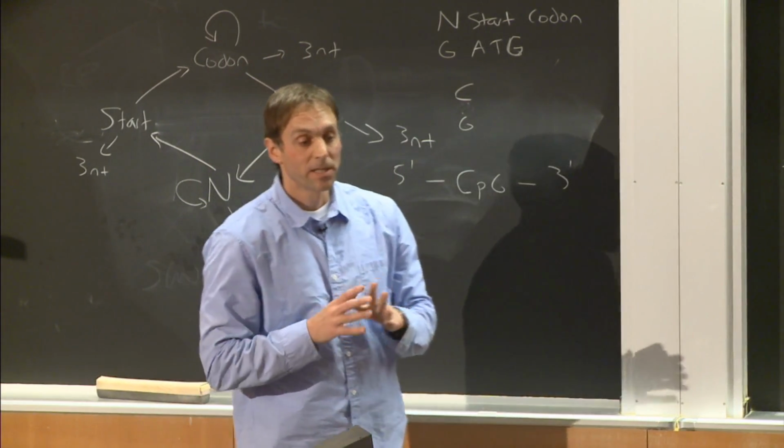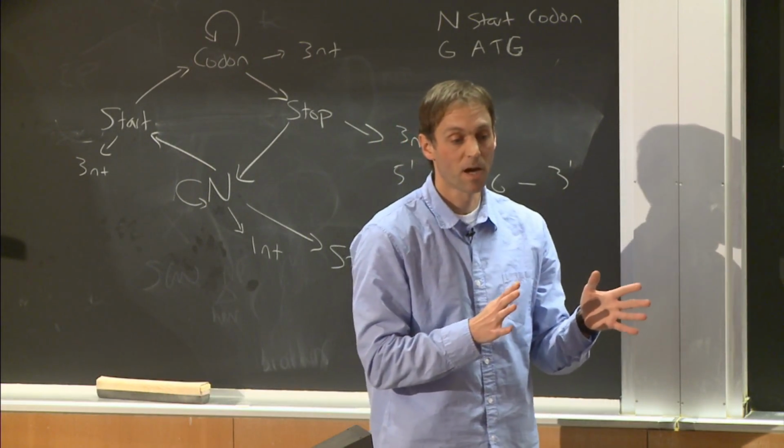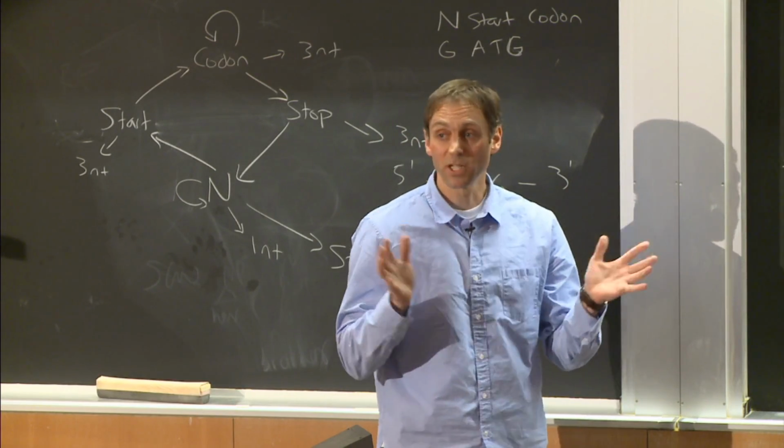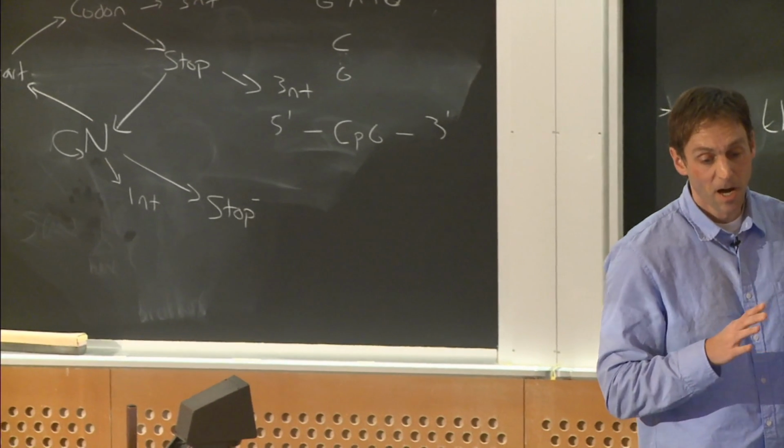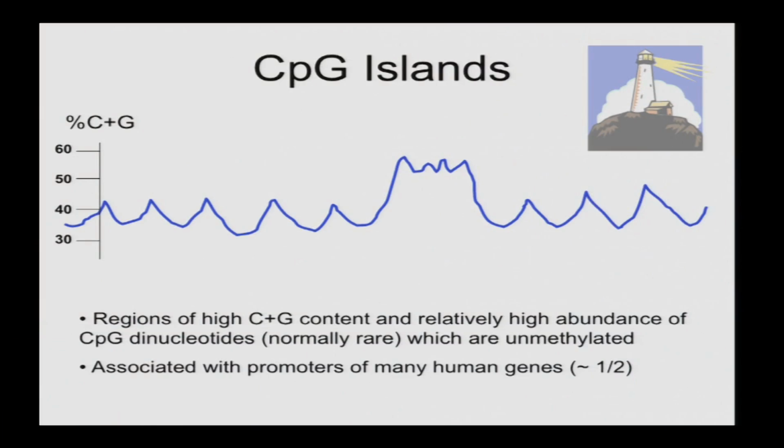And so you can actually look for these regions and use them to predict where promoters are. That's one application. So they have higher CpG dinucleotide content and also higher C and G content. The background of the human genome is about 40% CG only, so it's a bit AT rich.